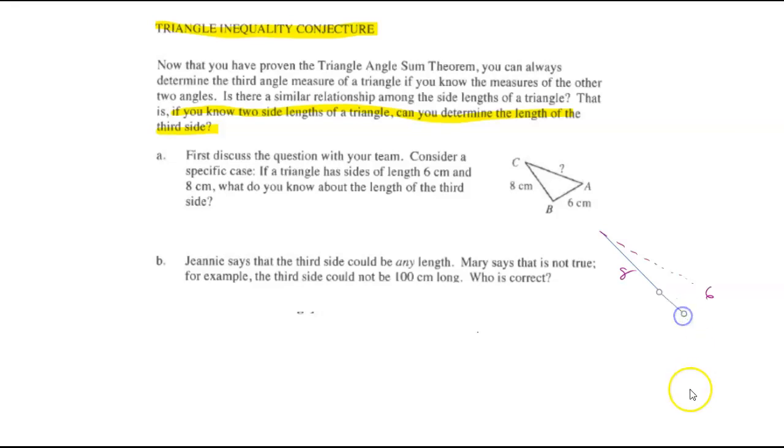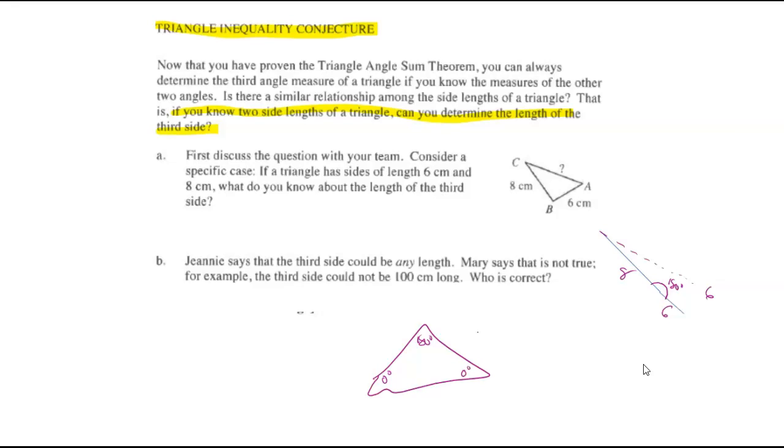But what happens if it looks like it becomes a straight line? Remember, straight angle pairs give you 180 degrees. Can you have a triangle, that horrible looking triangle, but it's okay. If I have one angle be 180, what do the other two angles have to be? 0 and 0.